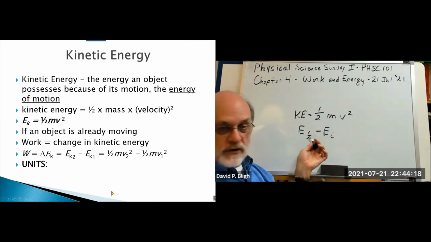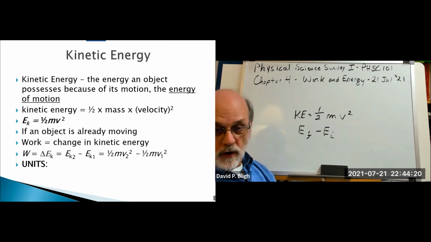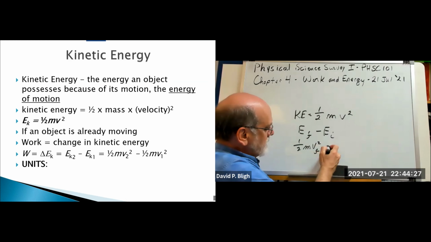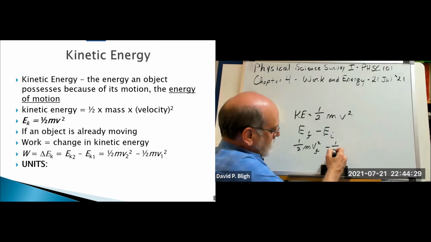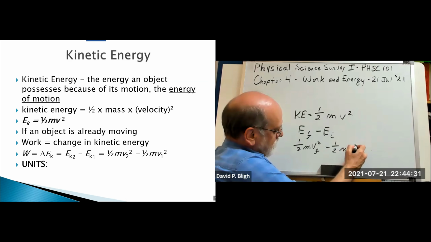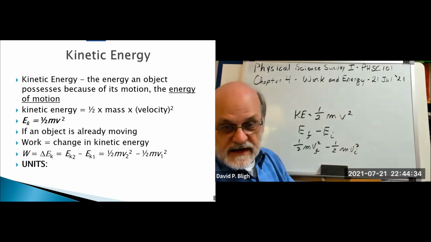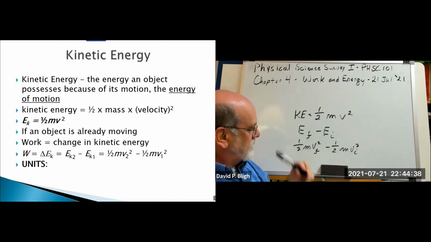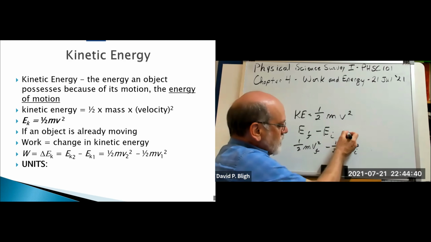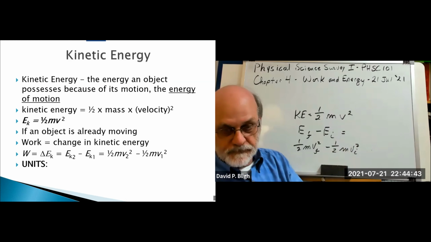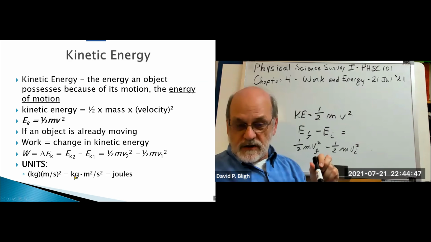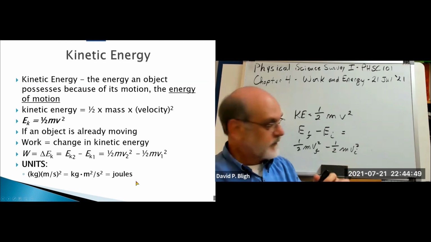and that's equal to a calculation for this is the final velocity, and that's the initial velocity, right? So this is before, this is after. These expressions are equal to each other. And of course, the units of measure will be joules.